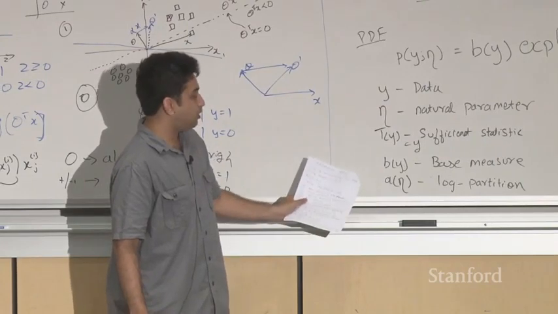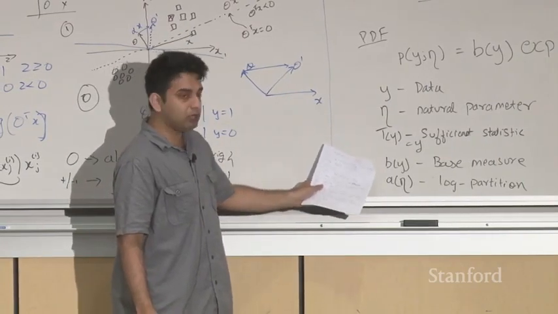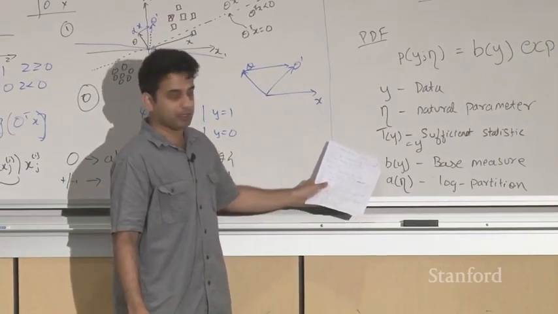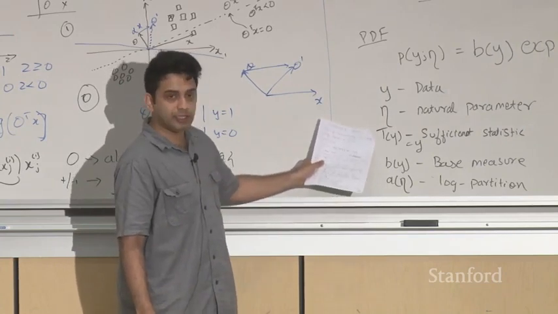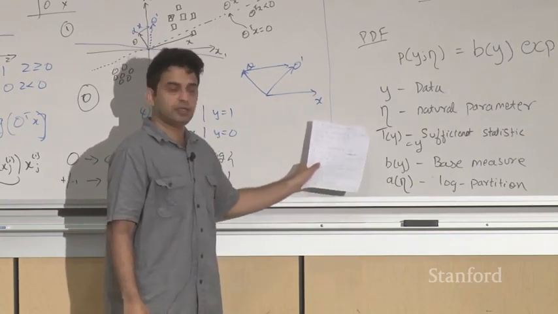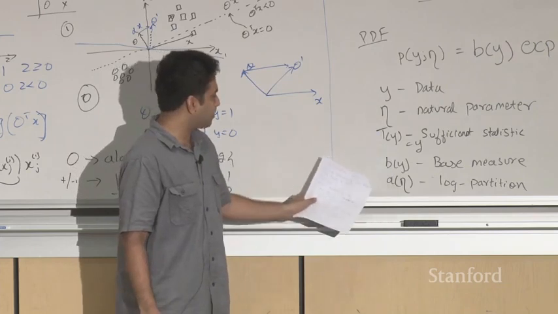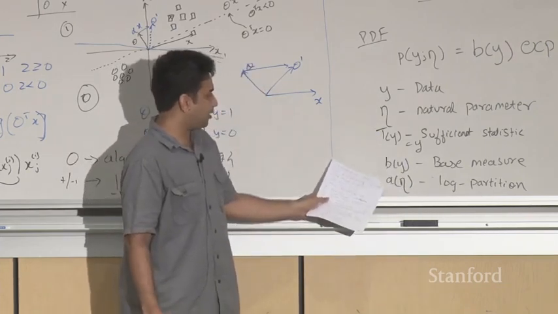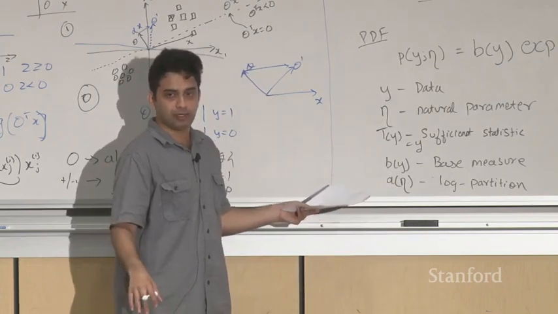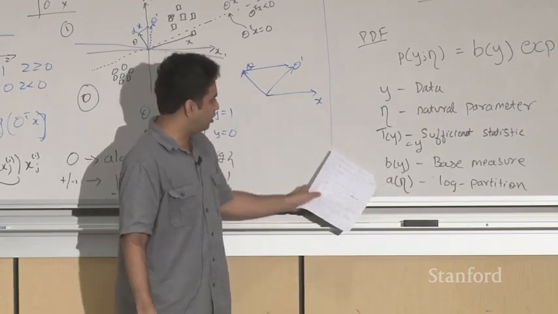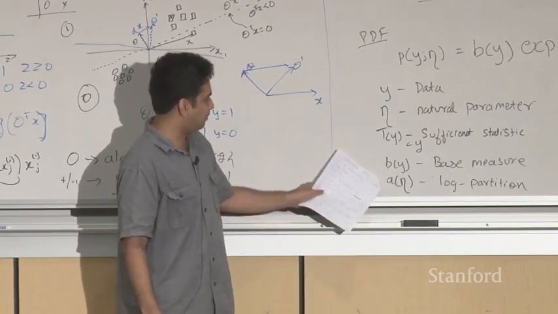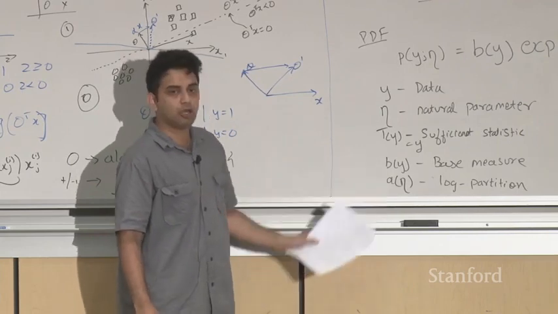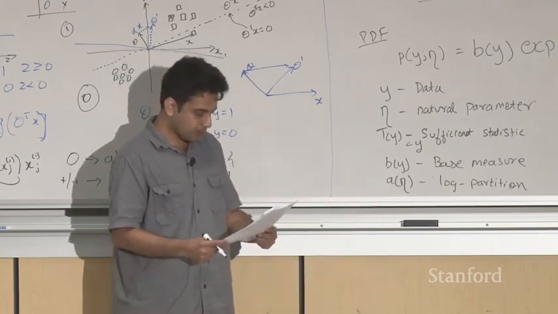B of Y is a function of only Y. This function cannot involve eta, and similarly, T of Y cannot involve eta. It should be purely a function of Y. B of Y is called the base measure, and A of eta, which has to be a function of only eta and constants, no Y can be part of A of eta, is called the log partition function.